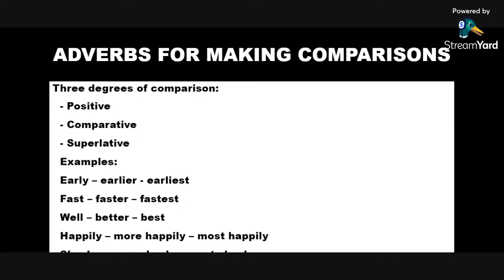by looking at adverbs for making comparisons. Adverbs are generally used to describe actions and qualities. And there are 3 degrees of comparison: positive, comparative, and superlative. Let's look at the examples.